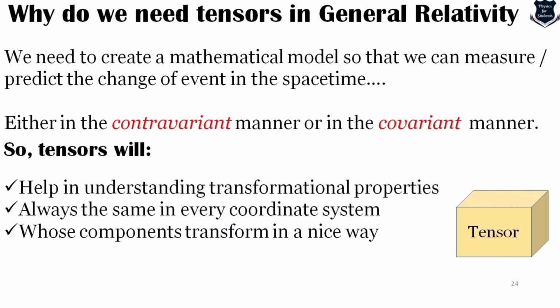We will explain those terms, don't worry. Tensors will help us understand the transformational properties, like the rotation of the axis and the stretching of the axis, always the same in all coordinate systems, and whose components transform in a nice way. So this is the reason that we need to form a tensor.